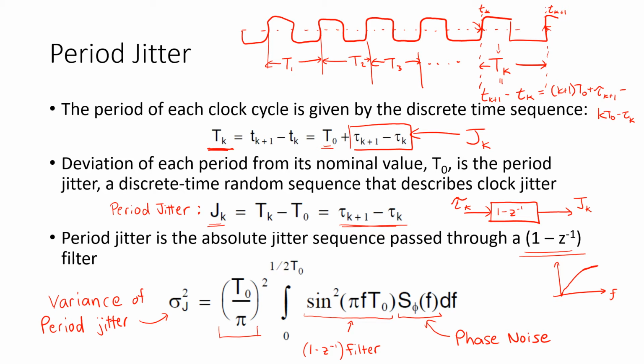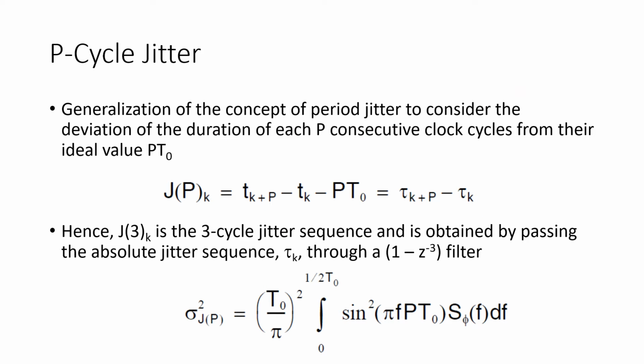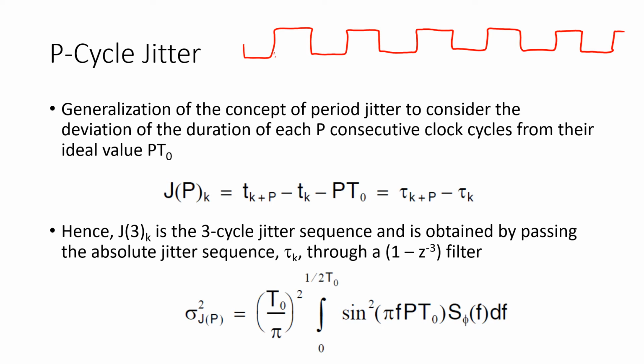So that's just a quick intuitive explanation for the relationship between period jitter and phase noise. A rigorous derivation of this equation is a little bit more involved, of course, but hopefully that gets across the key points. Now this idea can be extended further. Rather than looking at and comparing the duration of any individual period to its ideal value, we can look at any two periods and compare them to their ideal value.